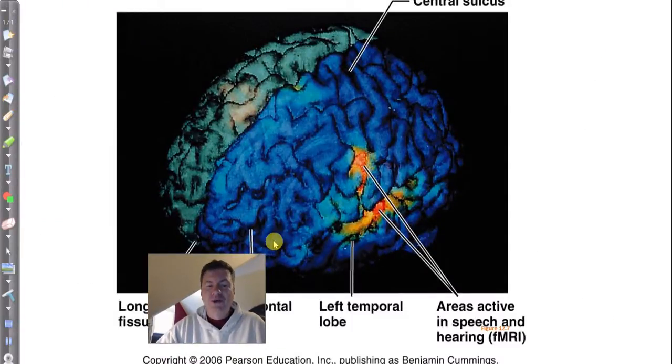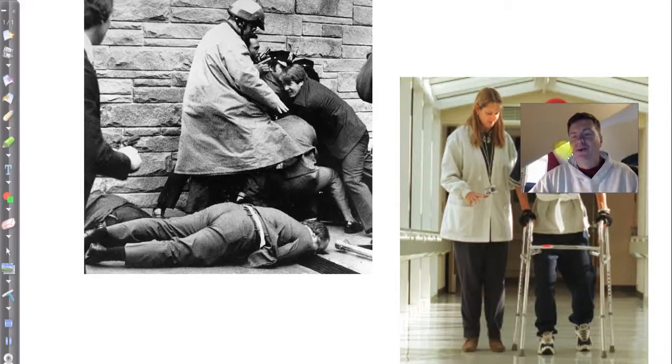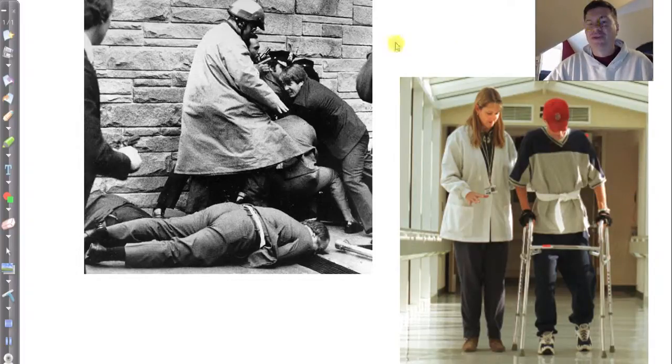How do we know what we know about the brain? Recall that we are looking at a number of ways we can determine stuff about the brain. This is a functional MRI. We discussed when someone is speaking, certain parts of the brain light up, become more metabolically active. And we also know a lot about the brain as we look at people who have suffered brain injuries.